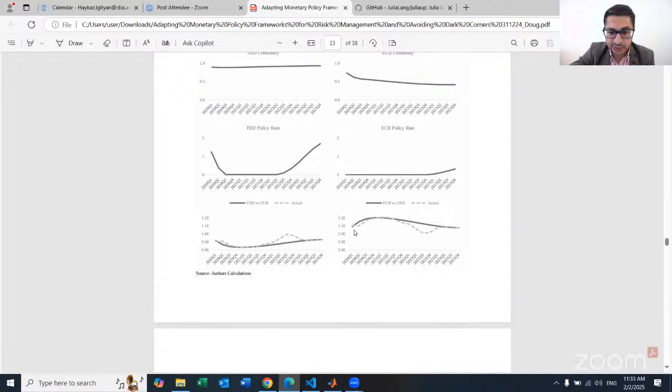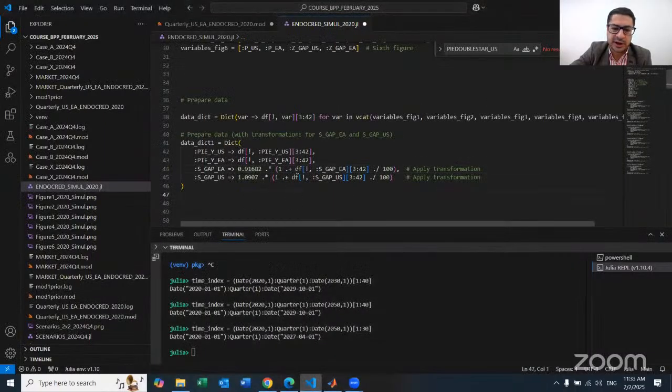What I'm trying to do is to build the graph of the exchange rate, which will be close to actual. Otherwise, we can do these steps inside the model, but I'm showing you that in the reporting part, you can build the index of the exchange rate out of the model variables. So these are variables inside the model, okay?